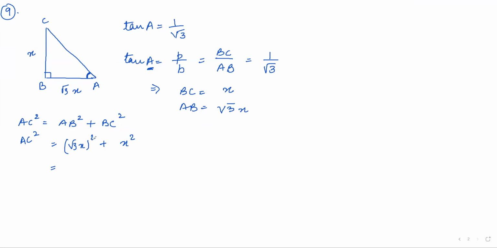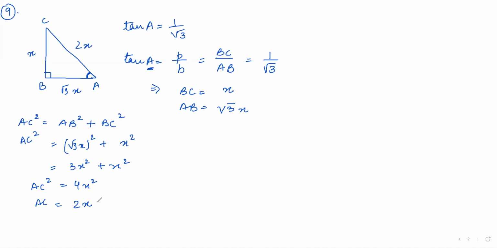So under root 3 into under root 3 will become 3x square, and then you have plus x square. You're not doing minus, so you will be getting 4x square. Oh, you are right, this is AC square. So AC you will get under root of 4x square, that is 2x. That is right.